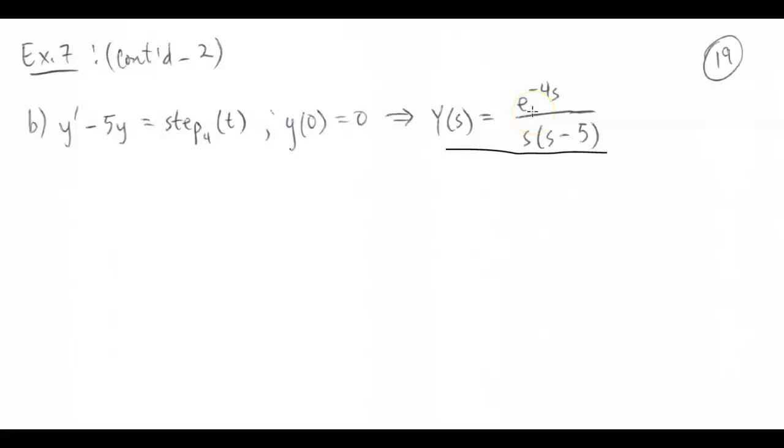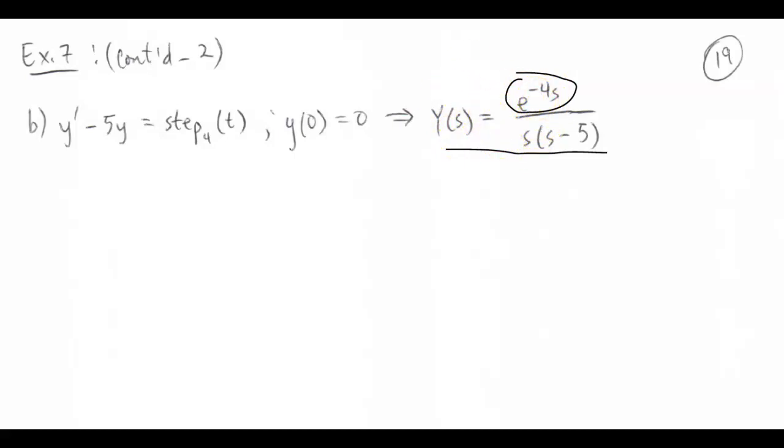Now, before we start on this one, one of the things that I want us to notice here is that we have this e raised to the -4s here, okay? And notice that this is with the Laplace transform.